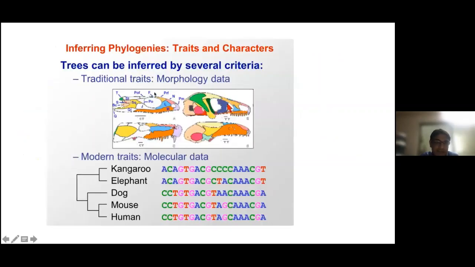As we said, trees can be inferred based on several criteria. For example, here the skulls of different animals. You can see there is a problem with using phenotypic characteristics as the criteria. For example, you can create a phylogeny based on teeth structure, or on the green shade here.